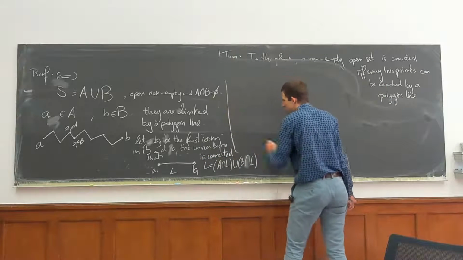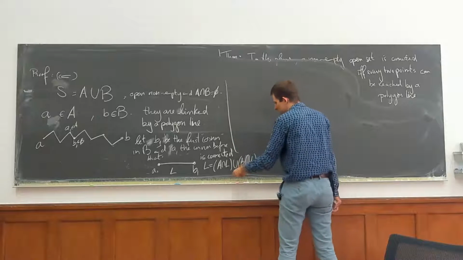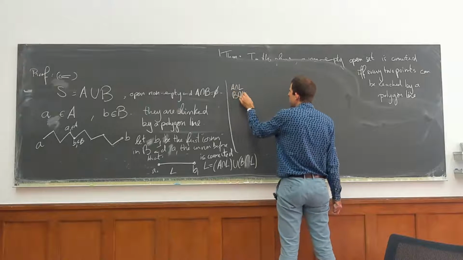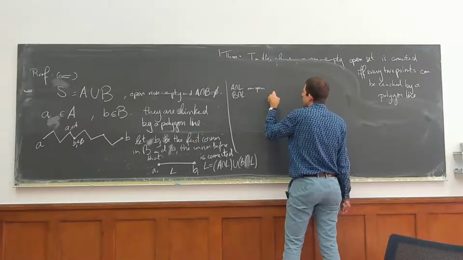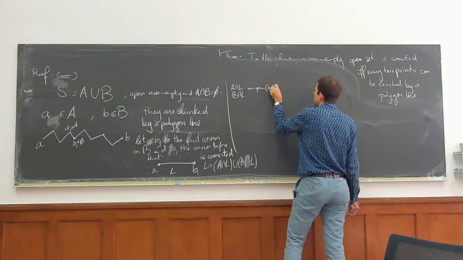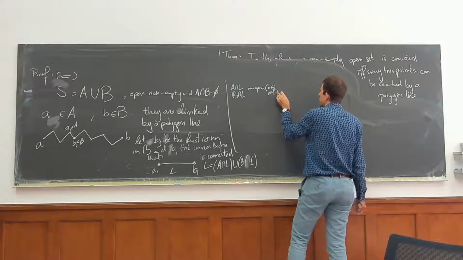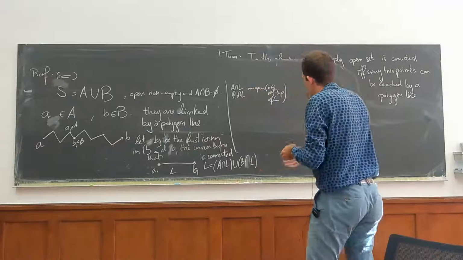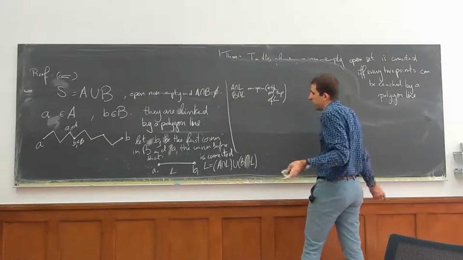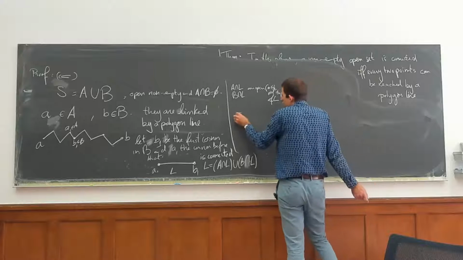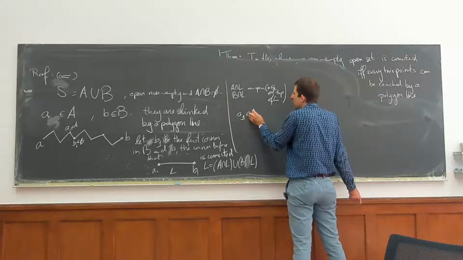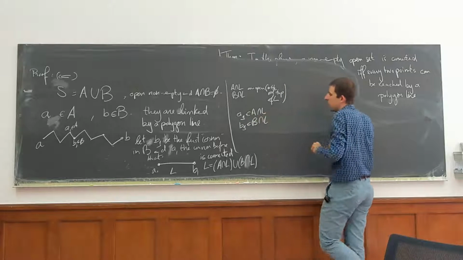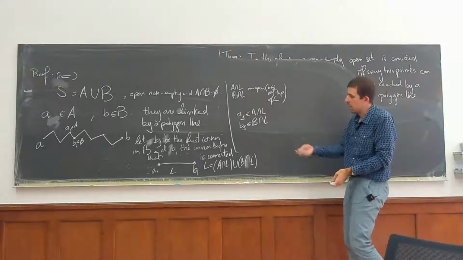Why? Because they are open. This partition, A intersected with L and B intersected with L, are open in the relative topology of L. Or if we think of that definition where we include supersets, then it's clear. Their intersection is of course empty, and they are non-empty, because A1 is inside A intersected with L, and B1 is inside B intersected with L. And so this is a contradiction.